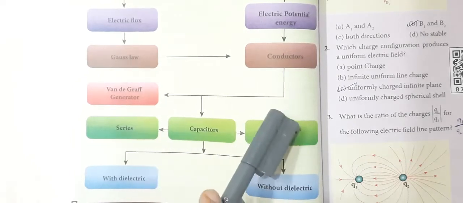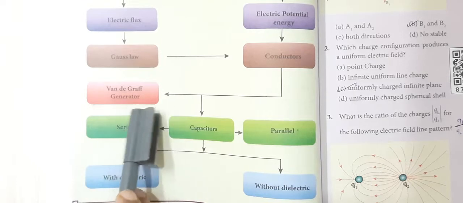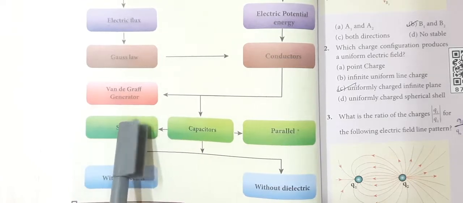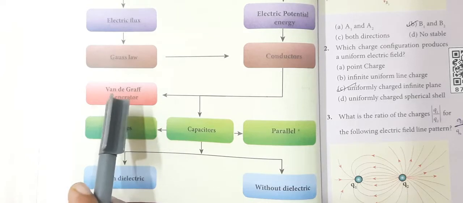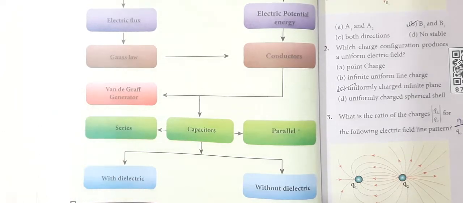Then another one, the generator, that is the Van de Graaff generator, we have also discussed. This is based on the action at points, lightning arrestor and Van de Graaff generator. So these topics we have covered in the first unit.